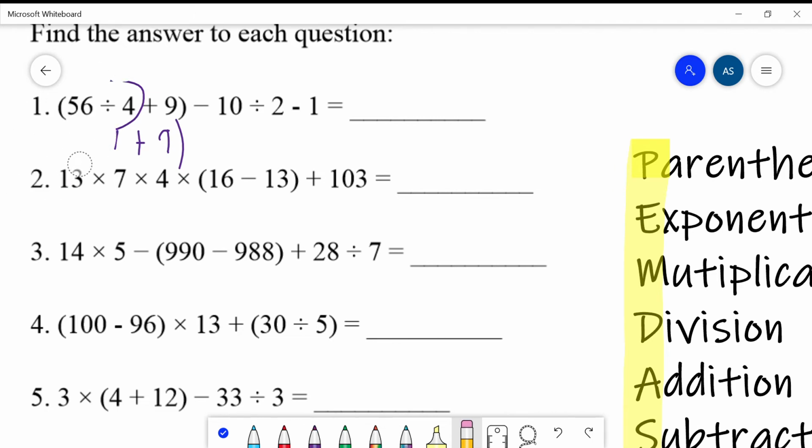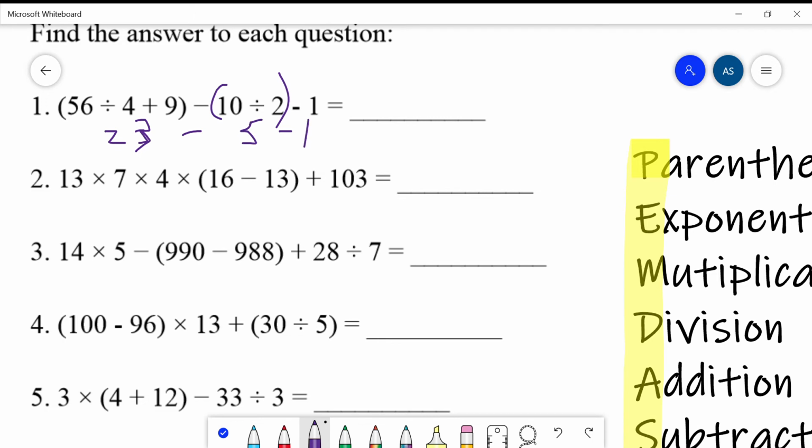Alright, so now this is going to be 23 minus, we have a division plus a subtraction. We're going to do the division first because it's before any subtractions. So if we divide 10 by 2, we're going to get 5.